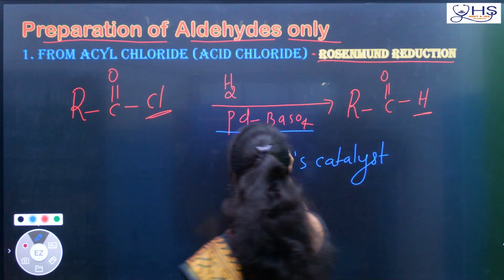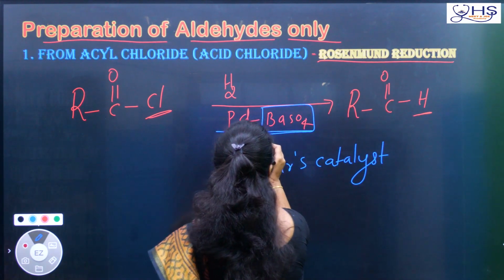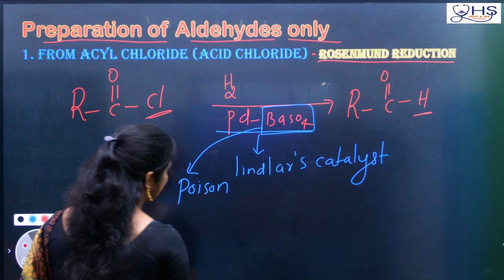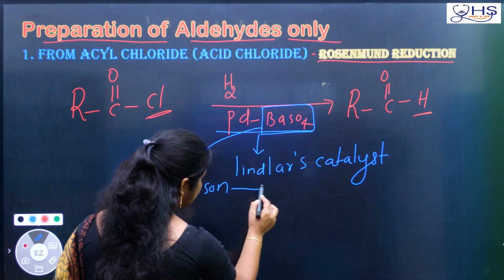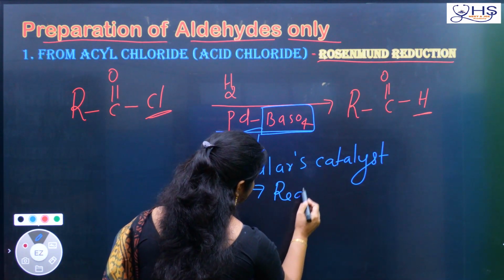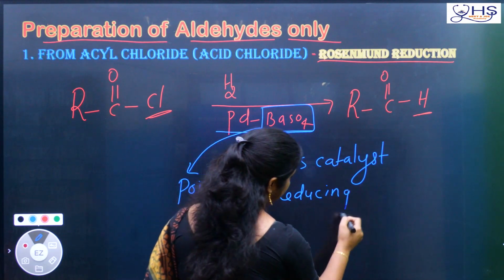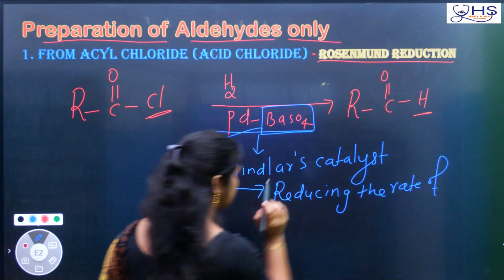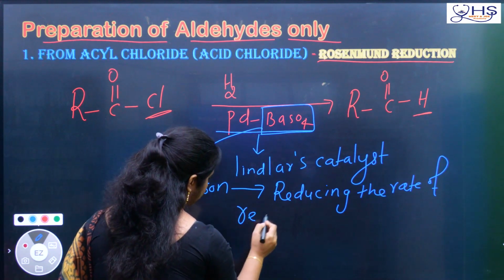Very important, this barium sulfate over here acting as a poison. Poison sense, it is decreasing the rate of reduction.